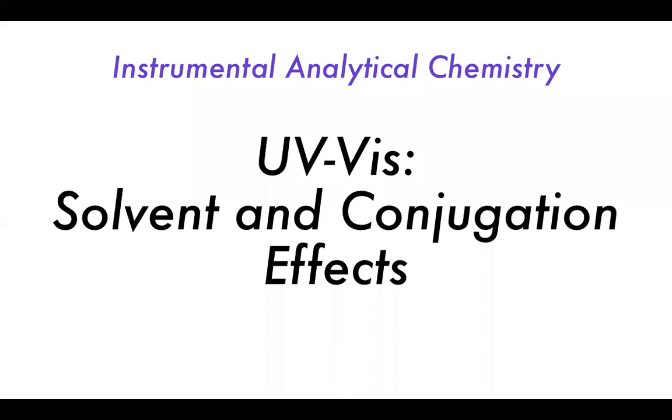But it is possible, but generally it's not done. It's usually done with liquid or sometimes gas absorption measurements. So we have to choose some sort of solvent. So the solvent choice is going to be important because some analytes don't dissolve in some solvents and they do in others. And the choice of solvent can affect the quality of the spectrum that we get out.